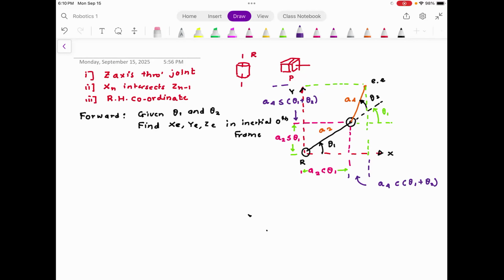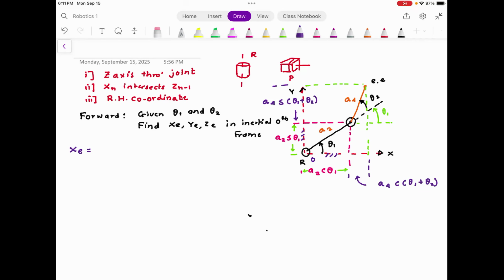So in other words, this is a two-dimensional planar robot, and I can write down the end effector position like this. Remember, this is extremely important: XE needs to be with respect to the zeroth frame. The zeroth frame is the inertial frame, the frame where the robot is fixed. This frame is not moving. Other frames could move, but this frame is fixed to the ground.